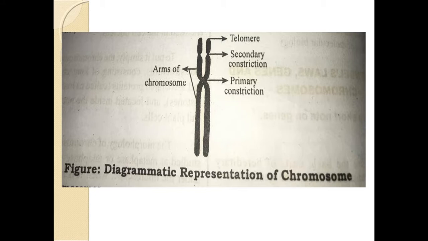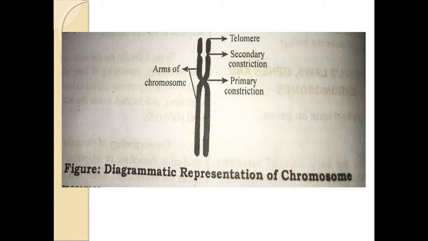So we have this chromosome structure which is showing the two arms. Centromere will divide the chromosome into two halves called arms of chromosome, and two regions we see on the chromosome are the primary constriction and the secondary constriction.